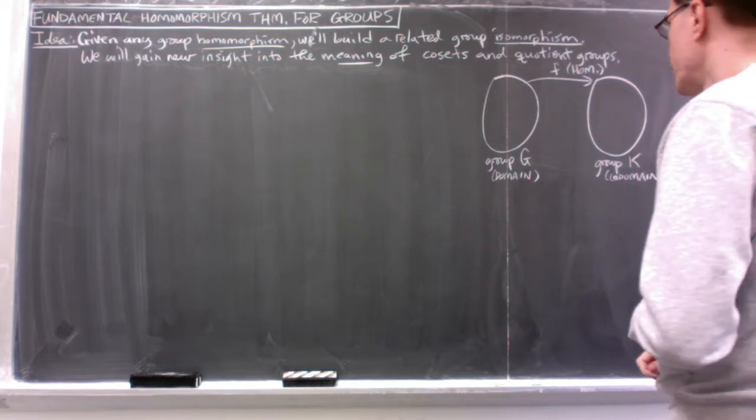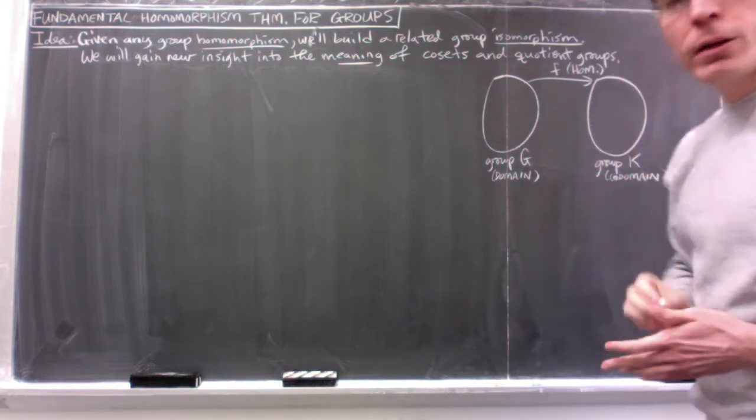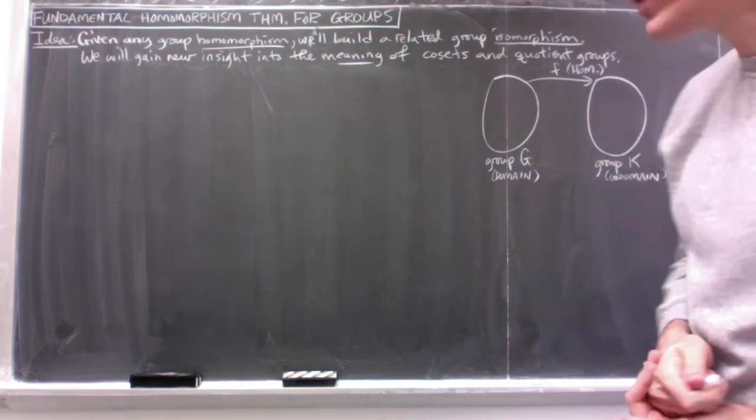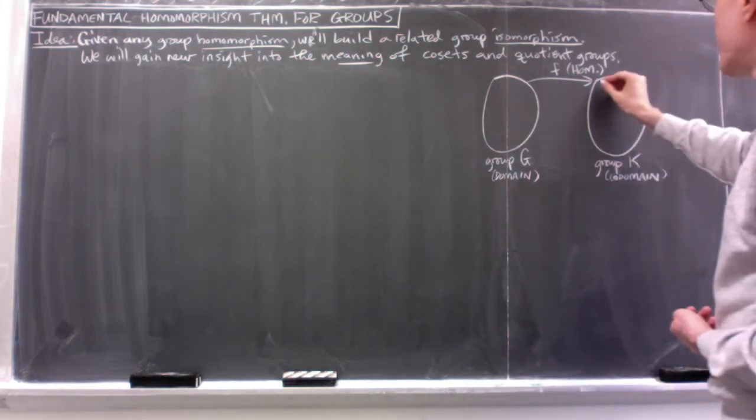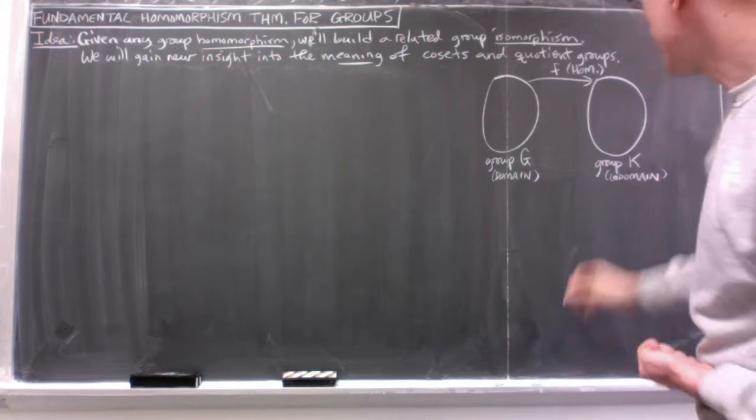And the thing about this function is, well, there's two things. We kind of like one-to-one onto functions, but not every function is one-to-one onto. F might not be onto, for example.